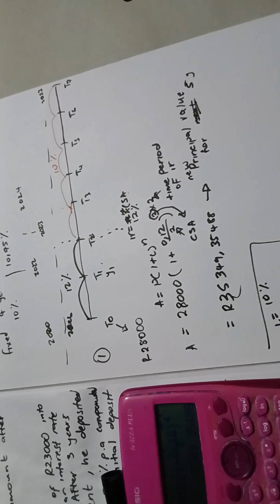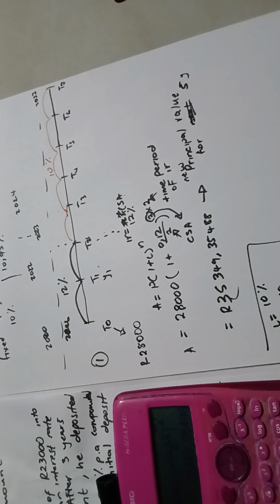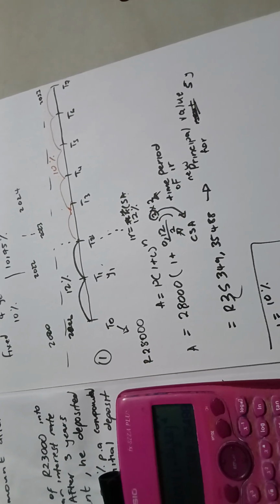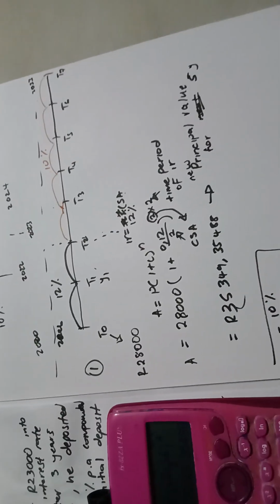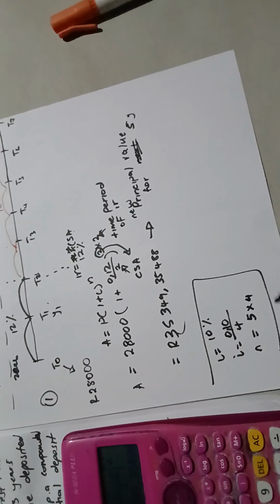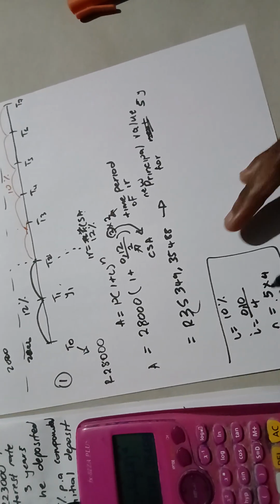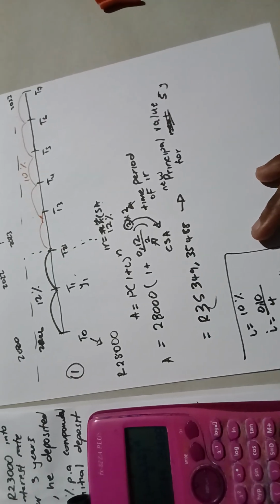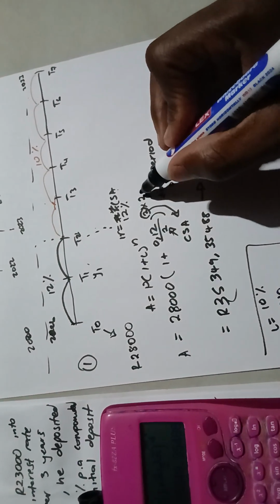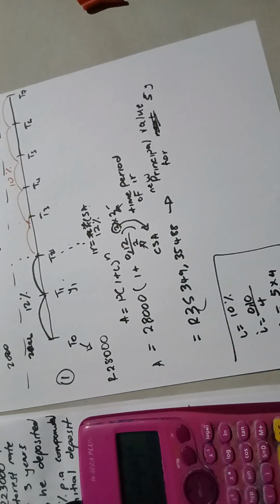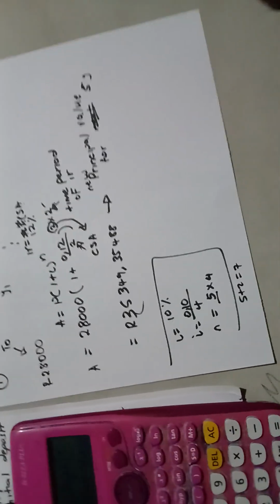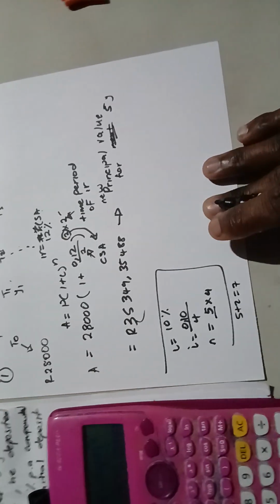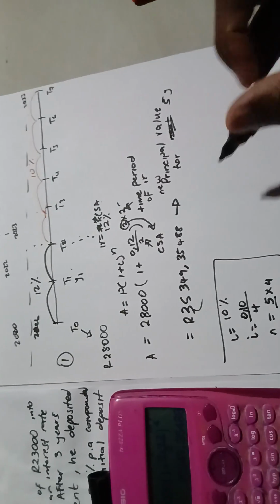Now, which is I, and the period, which is 5 years, multiplied by 4. Remember that. So hence I said basically here it's this 5 years plus this 2 years, which is basically equals to 7 years. Right? So now let's continue here.